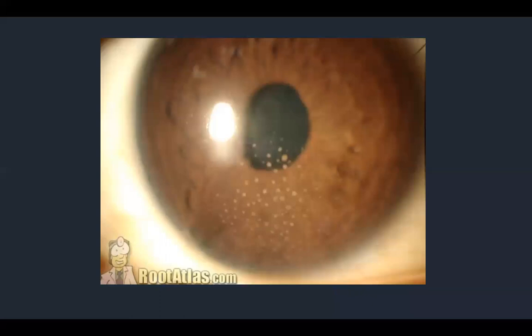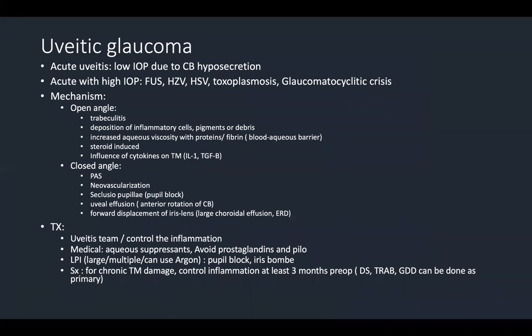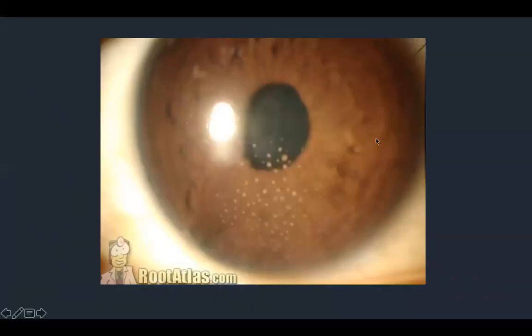I'll start by first checking the visual acuity, the IOP, the corneal sensation. Then I would like to check the AC for any cells, and then have a dilated fundus exam to check if there are any posterior uveitic findings.